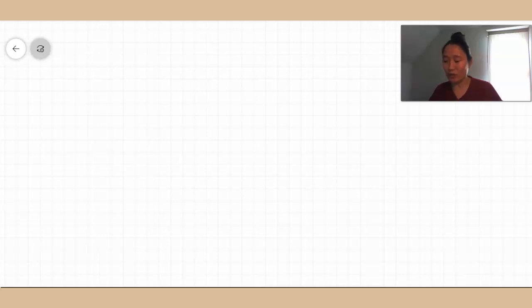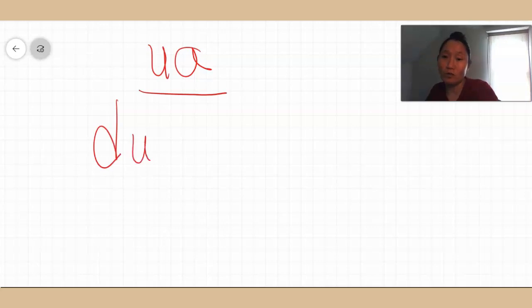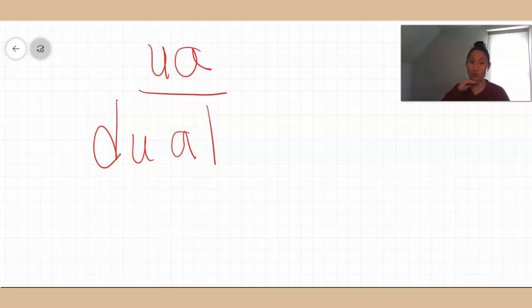Now we are going to look at the UA vowel team. Like dual. If you had the word dual, like two people, like it's a pair, dual. So you can break that. That UA gets broken. Dual.